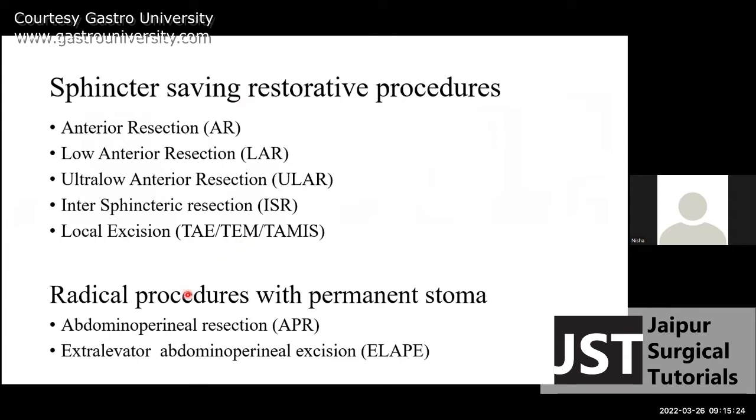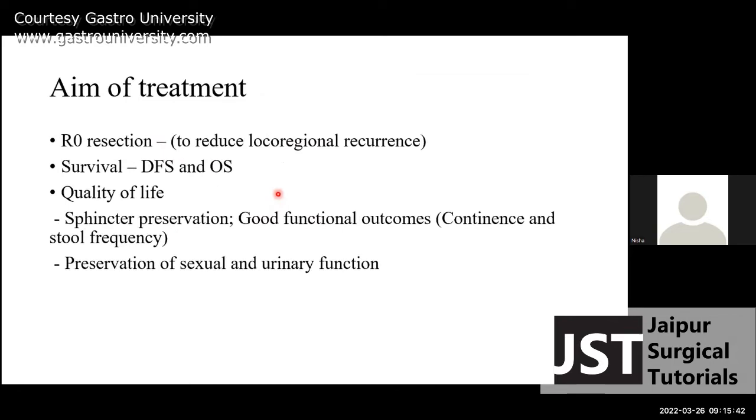Radical procedures in the form of abdominoperineal resection, APR, and the extralevator abdominoperineal excision have been described. Today's seminar mainly covers anterior resection, LAR, ultra-low anterior resection, intersphincteric resection, APR, and ELAPE.